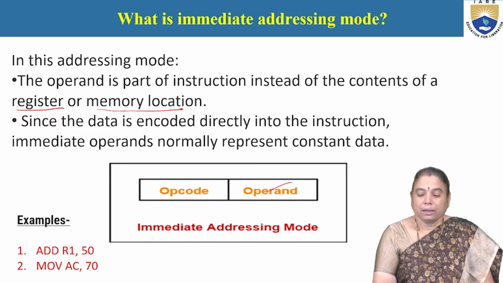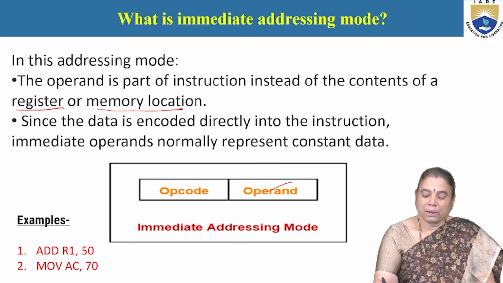Instead of the content of the register or memory location, the instruction's address part itself specifies the operand. Since the data is encoded directly into the instruction, immediate operands normally represent constant data.